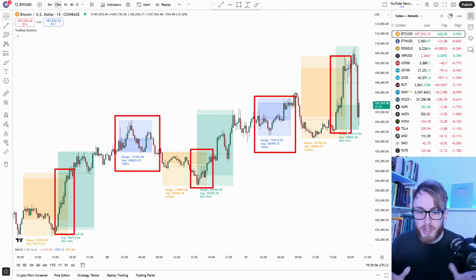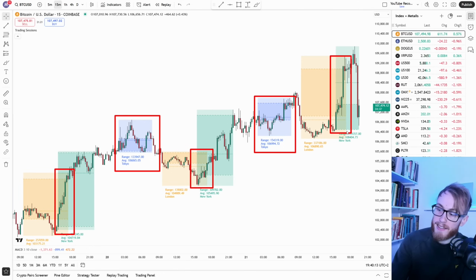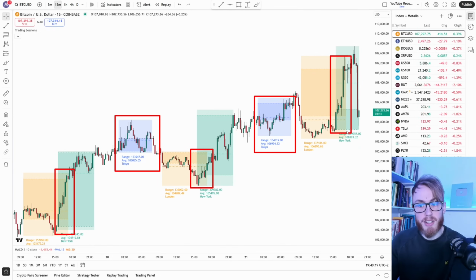So what I usually recommend here is, of course, to not trade only based on the trading session. You should not have a strategy that says, buy every time we enter the New York session or something similar. But what you can do is, depending on what strategy you're using, let's say you are a breakout trader.